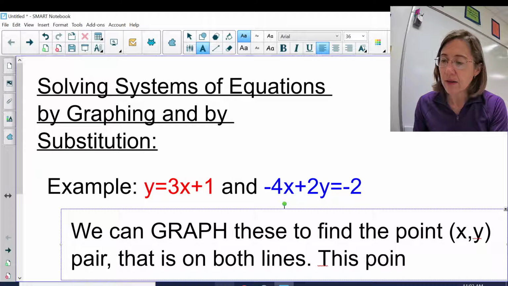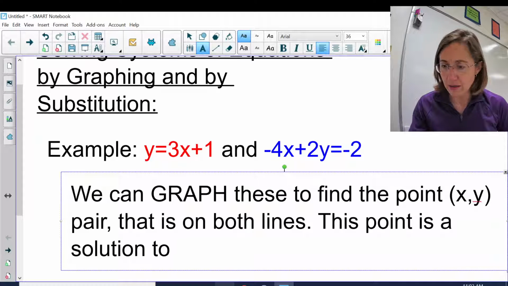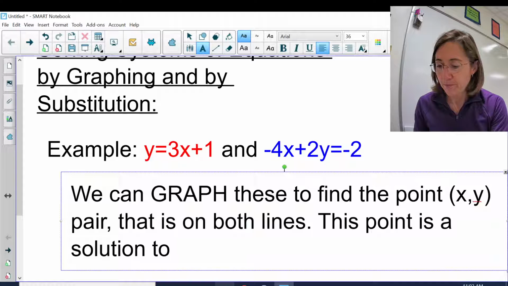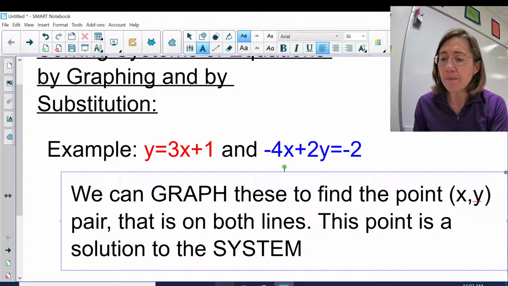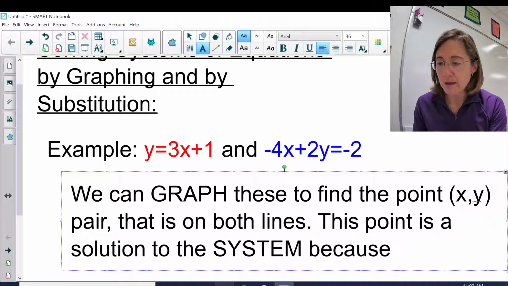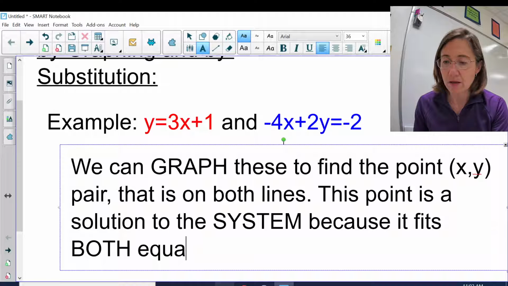This point is a solution to the system. So this point is a solution to the system because it fits both equations.